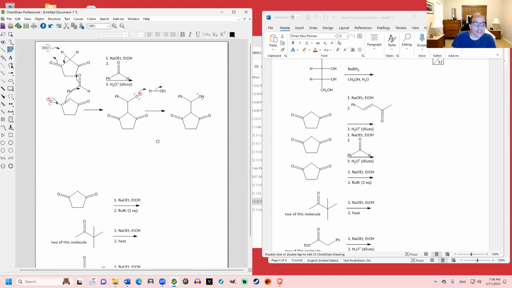So you get this alcohol, this initial aldol adduct, and that's going to be very unstable because when you lose water and get a double bond here, the double bond is conjugated to the benzene ring as well as to both carbonyls. So you couldn't stop this dehydration from happening even if you wanted to.